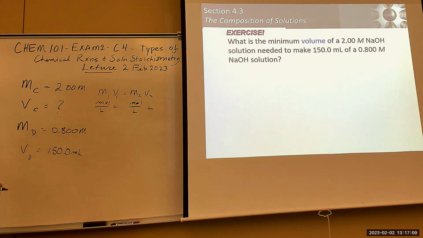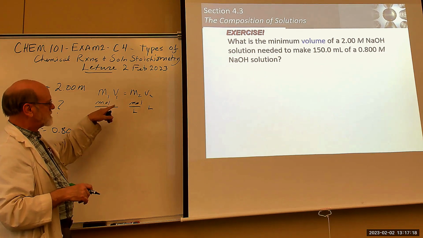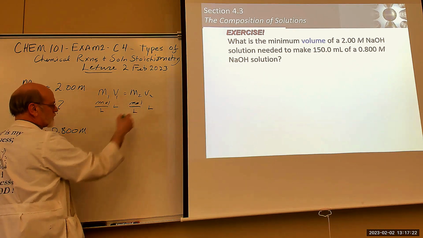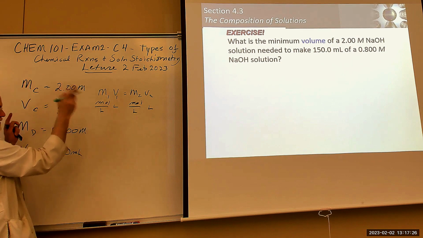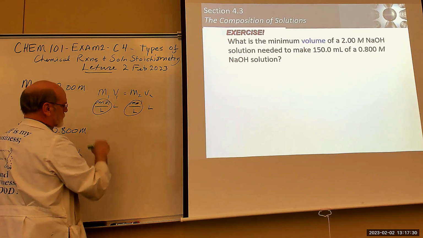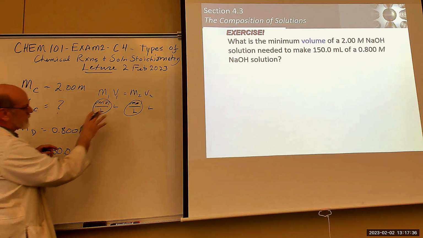You've got a ratio here, and this one cancels that one, and that one cancels that one. So if we've got molarity on both sides, we'll just leave it that way. But we don't have liters.